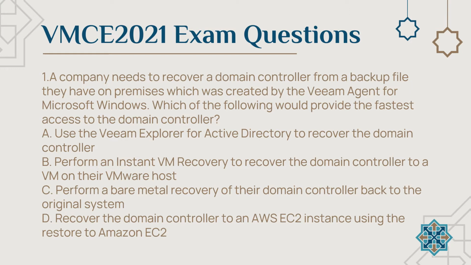B. Perform an instant VM recovery to recover the domain controller to a VM on their VMware host. C. Perform a bare metal recovery of their domain controller back to the original system. D. Recover the domain controller to an AWS EC2 instance using the Restore to Amazon EC2.